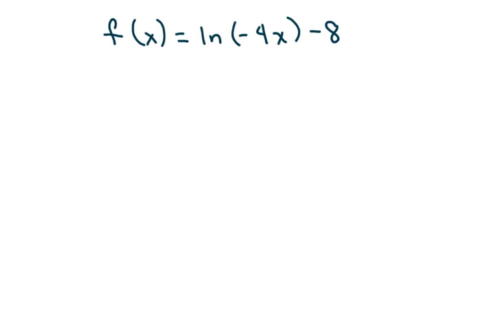So this one, this has to be greater than 0. Alright? So I'm going to write this here, and that would be x. So you divide both sides by -4, you get x is greater than 0. Well, it can't be greater than 0, because if you plug a 1 in there, that's going to be -4, negative. So in this case, we want our x to be less than 0.